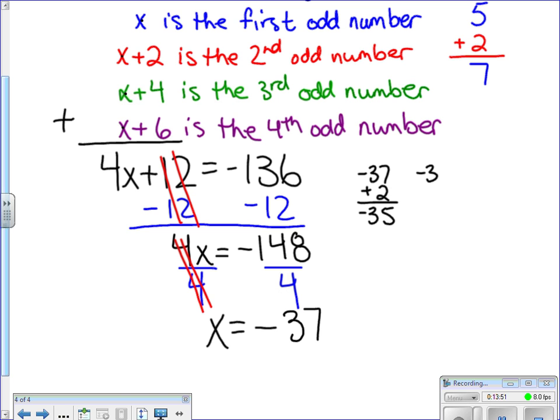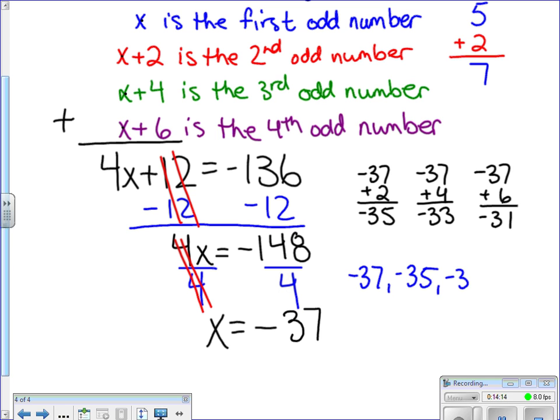And negative 37 plus 4 is negative 33. And negative 37 plus 6 is negative 31. Now, of course, I wrote that work out just to show you. So your 4 answers in order: negative 37, negative 35, negative 33, and negative 31.